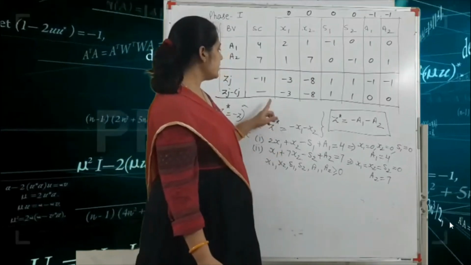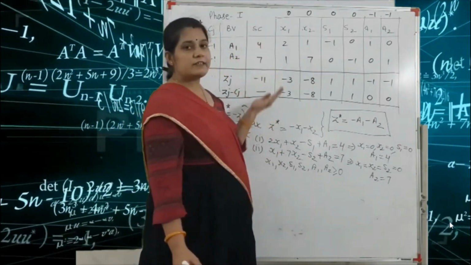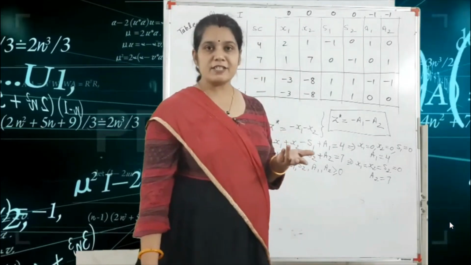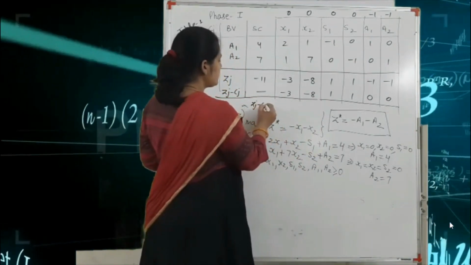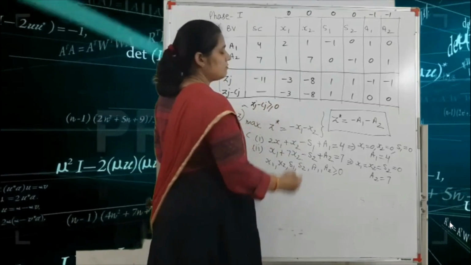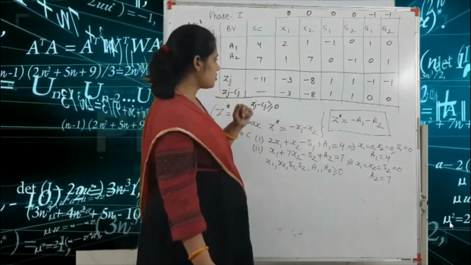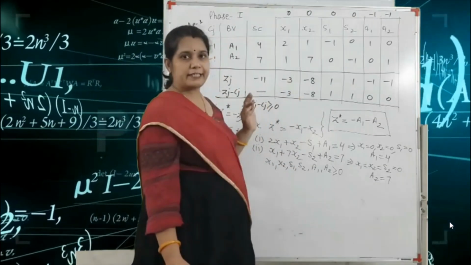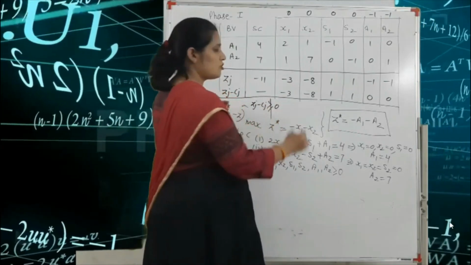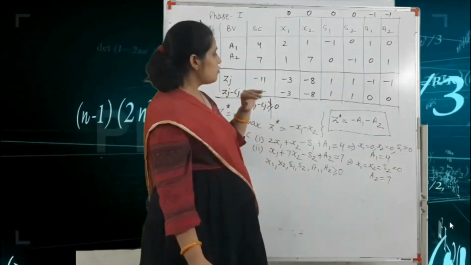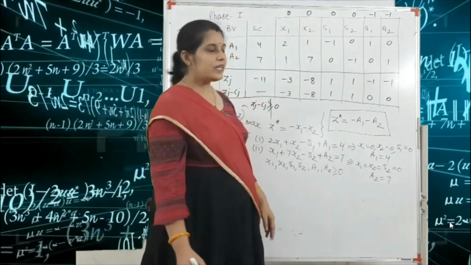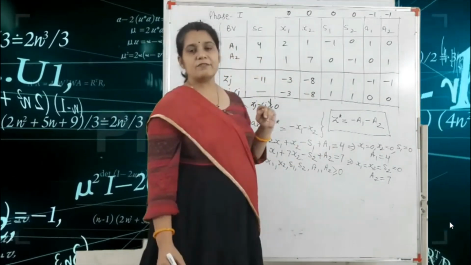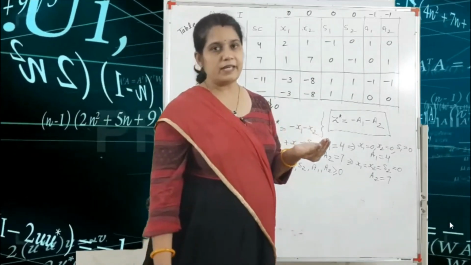Okay, so here the question is given in the maximization format. So the condition is that zj minus cj is always greater than or equal to 0. But in this question, these two values are negative, which means this condition is not satisfied. So one variable enters and a second variable leaves. Since the question is in maximization format, the variable with the largest negative value enters, or you can say the minimum value.